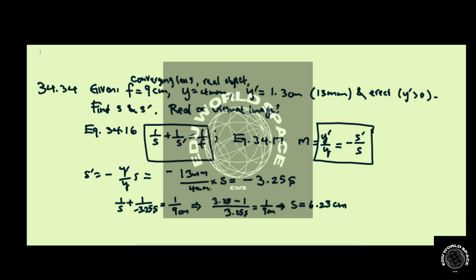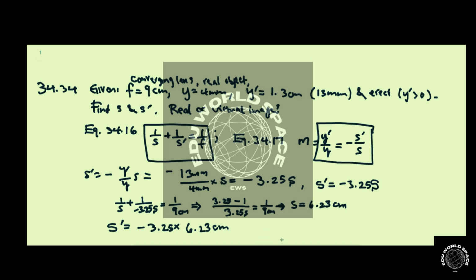And now I can go back to this relationship where I have s prime is equal to minus 3.25 s. And I have s over here, so s prime then is minus 3.25 times 6.23 centimeters.